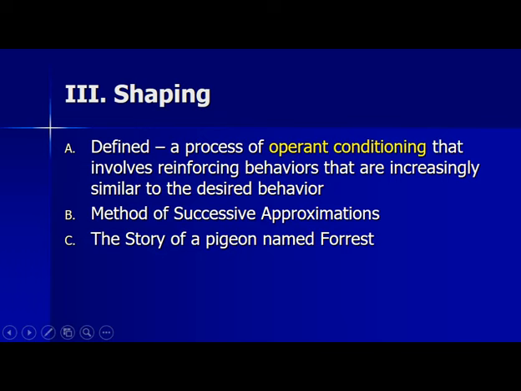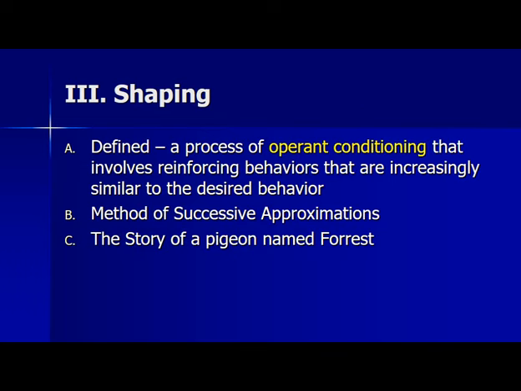So the way we teach animals in this kind of operant conditioning environment is through this process called shaping. It's the process of operant conditioning that involves reinforcing behaviors that are increasingly similar to what you want the animal to do. So you don't start them off on the full behavior.